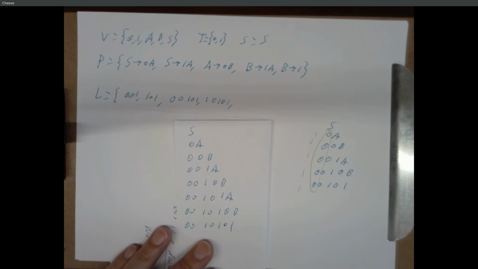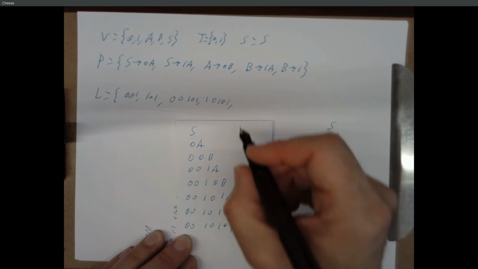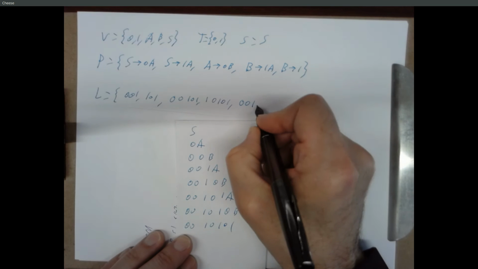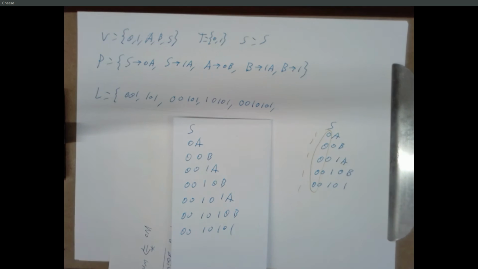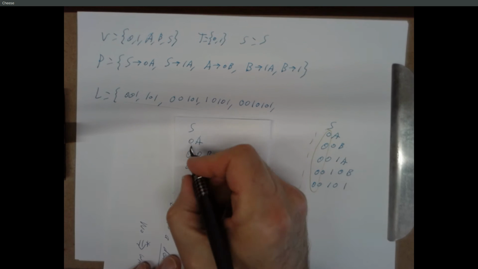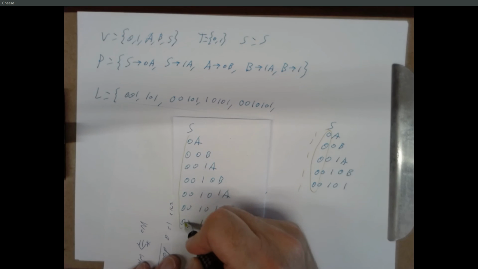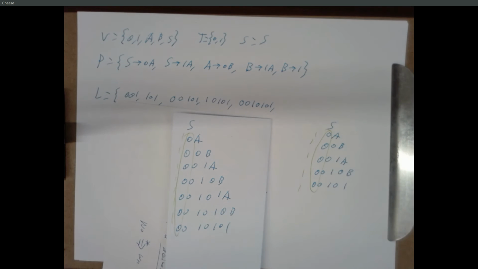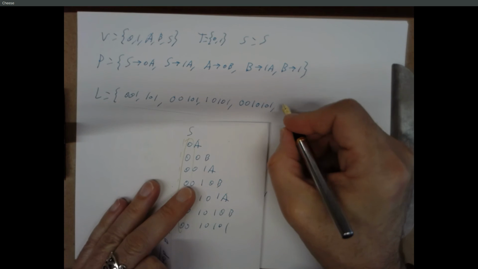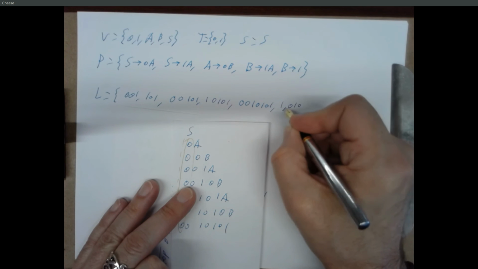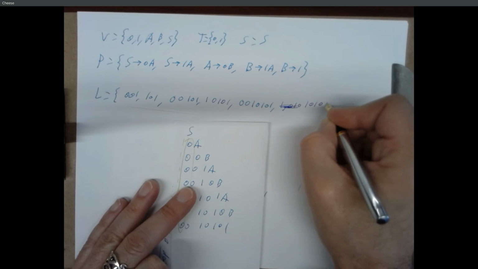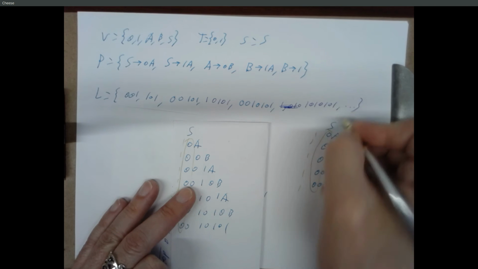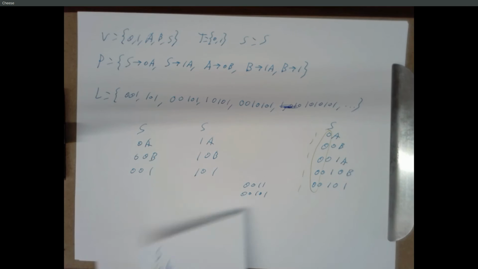So 0, 0, 1, 0, 1, 0, 1. And again, if this first derivation had gone to 1A instead of 0A, all of these would simply be 1s, and it doesn't change anything else, and so we also get 1, 0, 1, 0, 1, 0, 1.